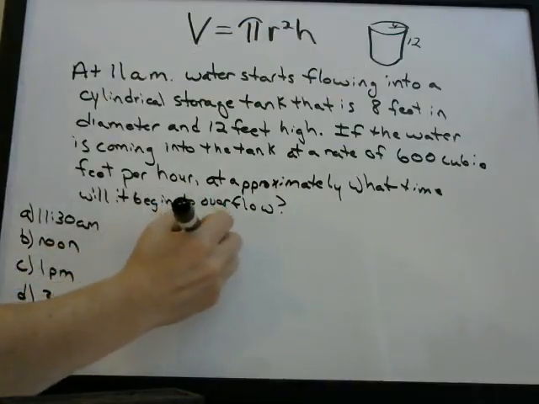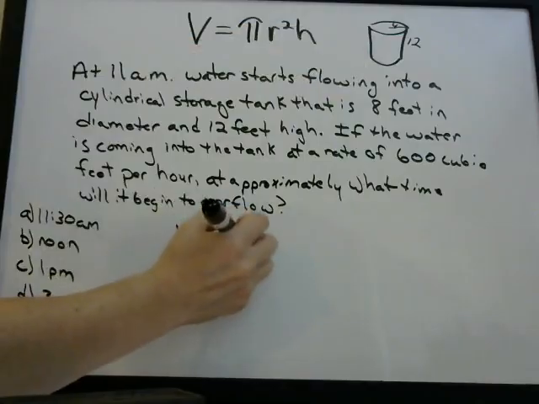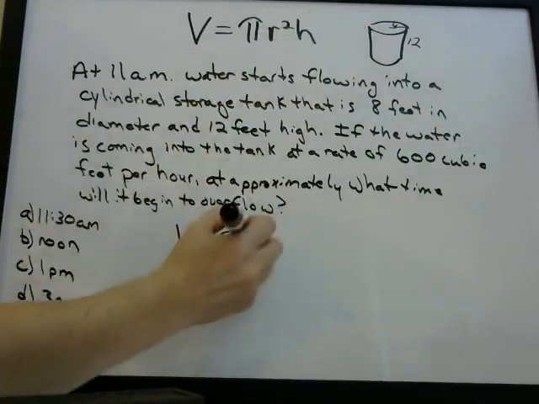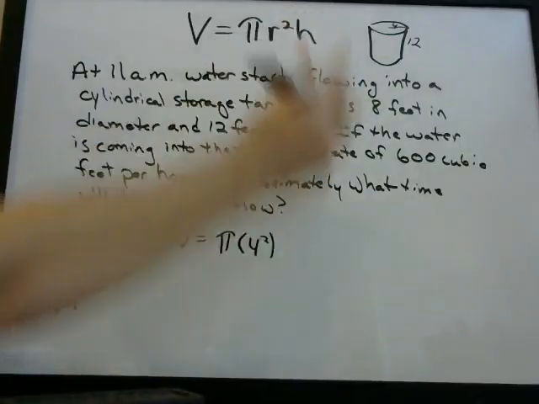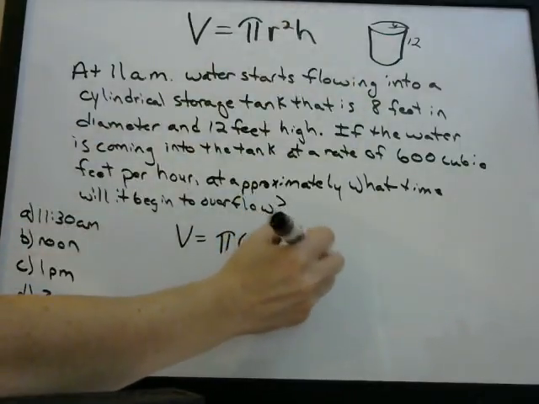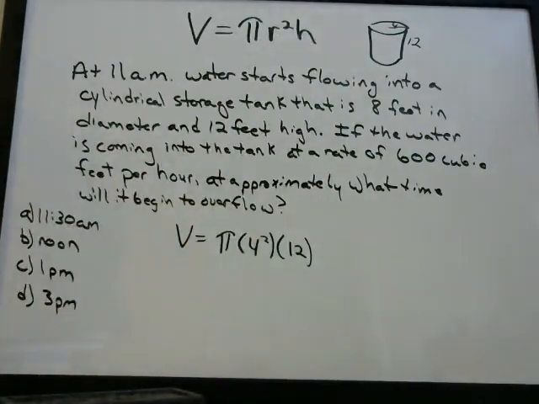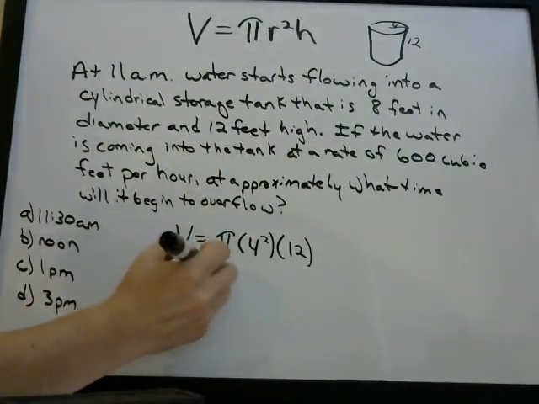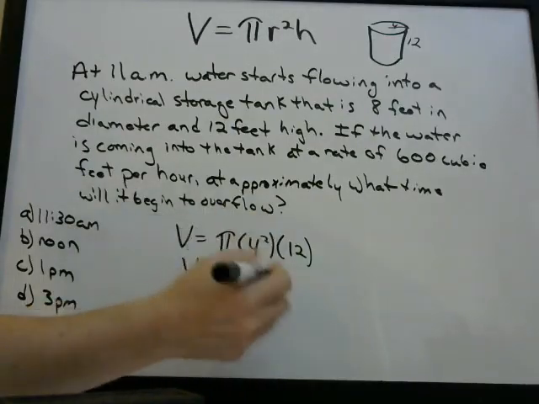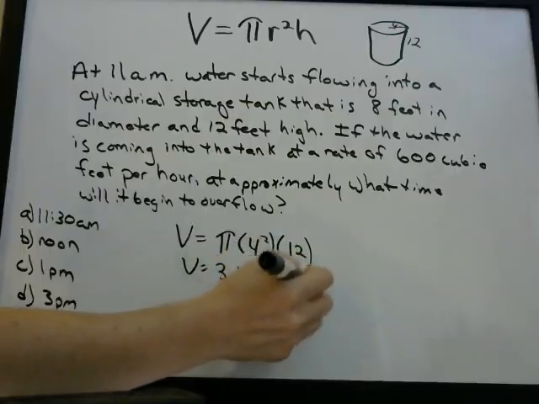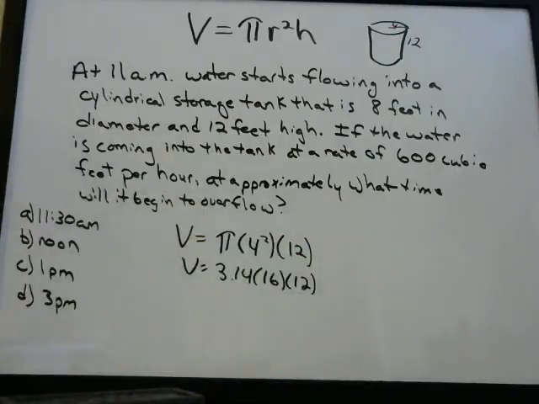The volume is pi r squared. 4 is our radius, right? Half of 8, 4 squared, and times height, which is 12. So pi 4 squared times 12. That is 3.14. What's 4 squared? 4 times 4, 16 times 12.